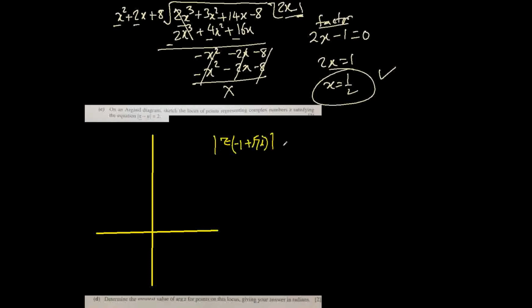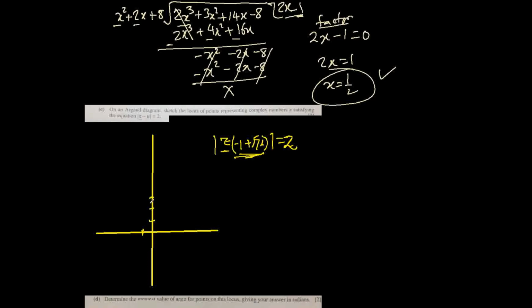The locus has to be 2. That means the distance of z from this has to be perfectly 2. And when can we have perfectly 2 distance from a particular point? With a circle. So first let's focus on minus 1 plus square root 7i. So minus 1, suppose it is here, and square root 7 is about 2.64.